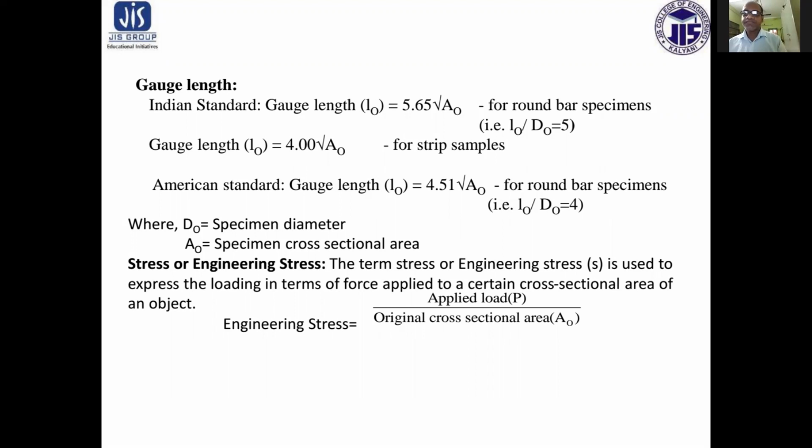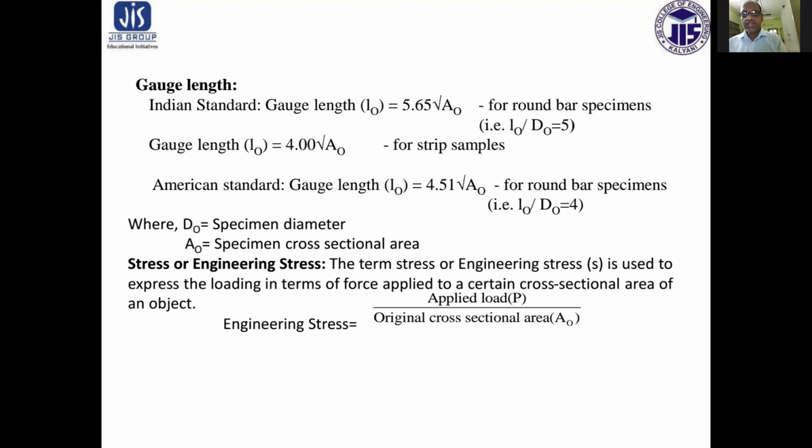Here we see the measurement on the basis of stress and strain. So what is stress? If a force is applied on an object, the resistance load per unit area is known as stress.